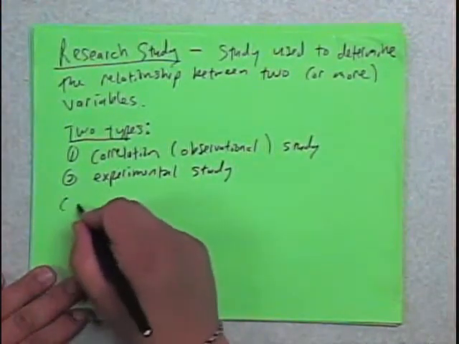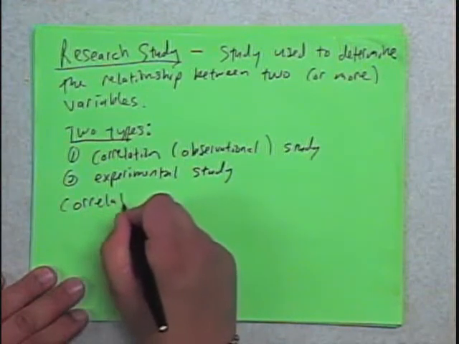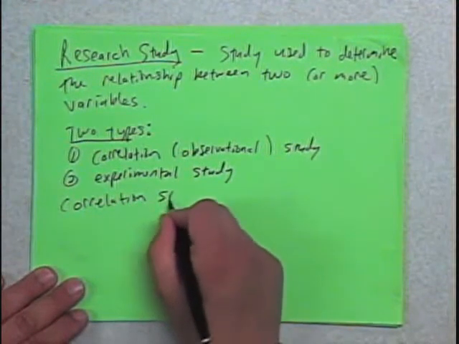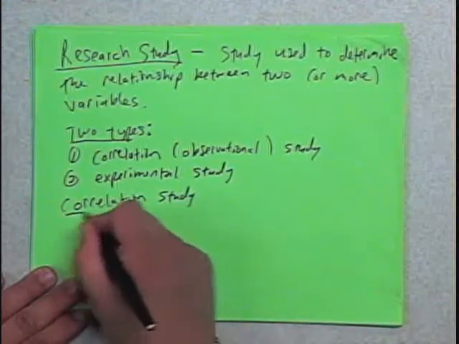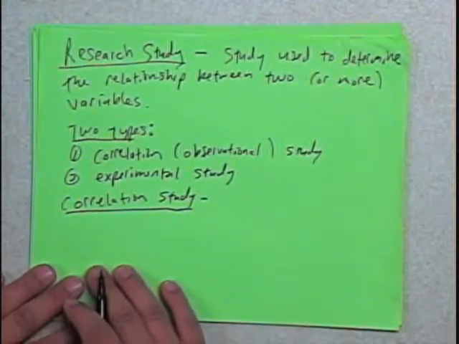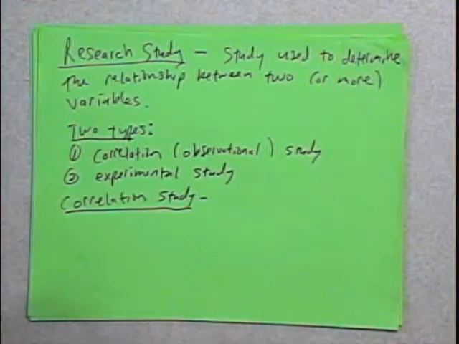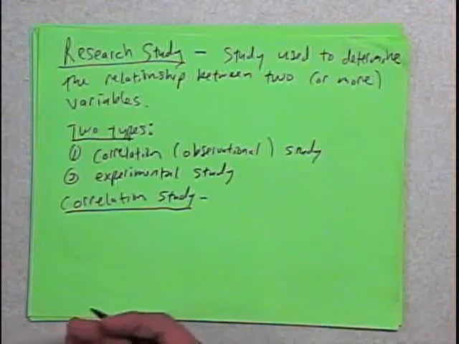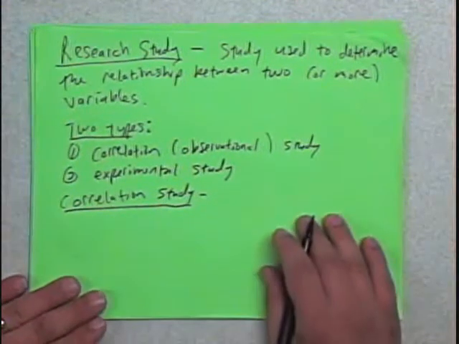So what is a correlation study? Some books call these type of studies observational studies. I'm much more used to calling it a correlation study, but these two terms can be used interchangeably. They're referring to the same type of study.